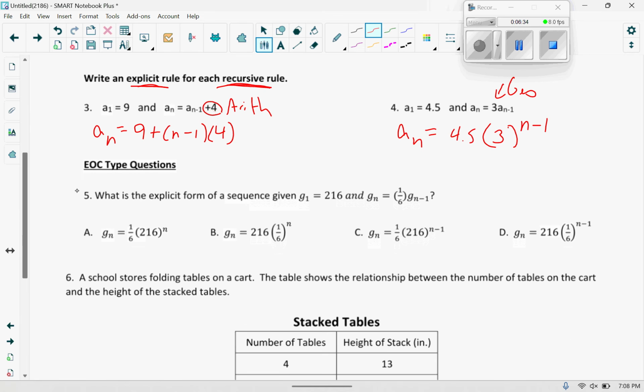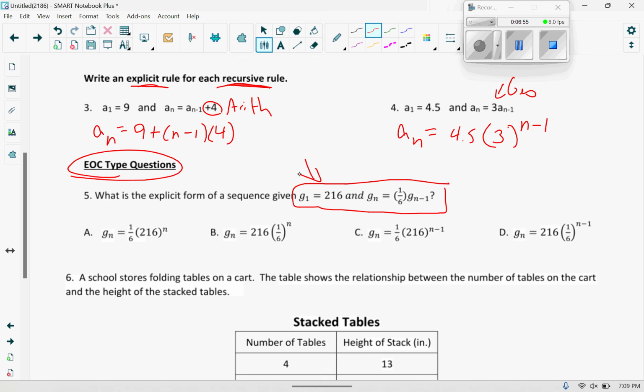Okay, so again, I tried to include what this is going to look like on the EOC. So number 5, what is the explicit form of a sequence given that, so basically it's the same thing. It's giving you the recursive rule and you have to put it in explicit form.